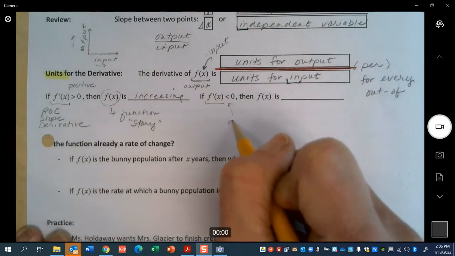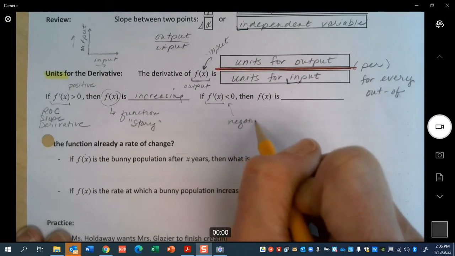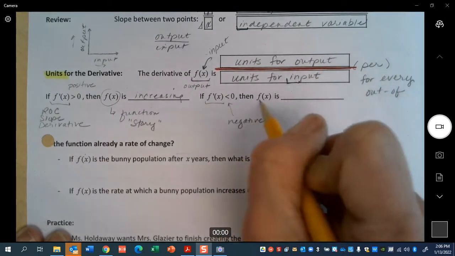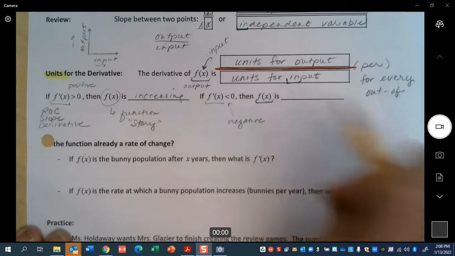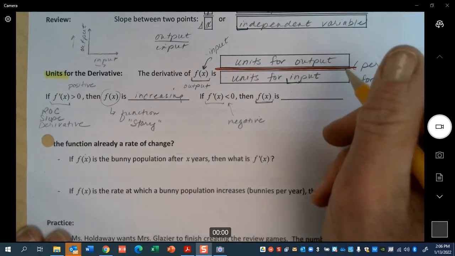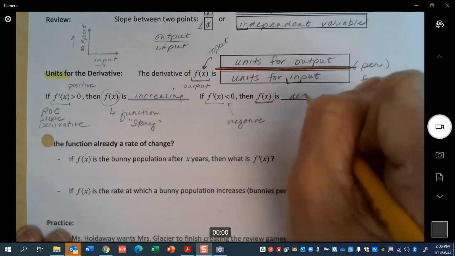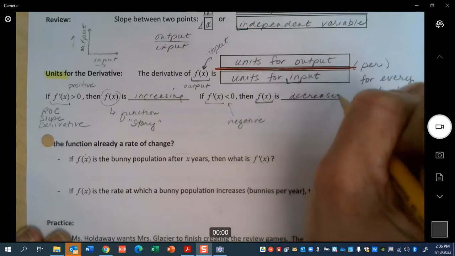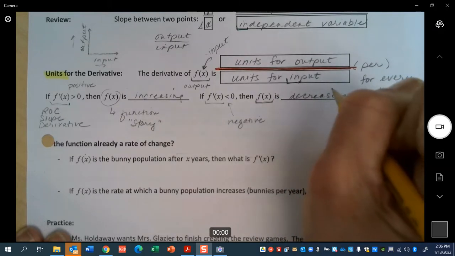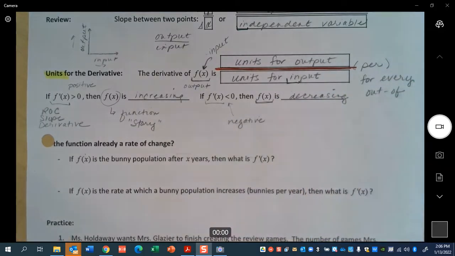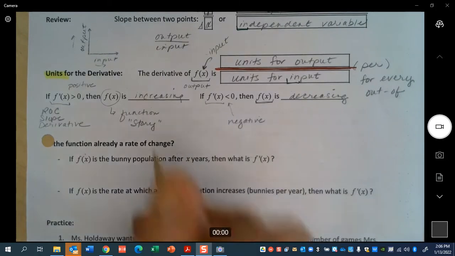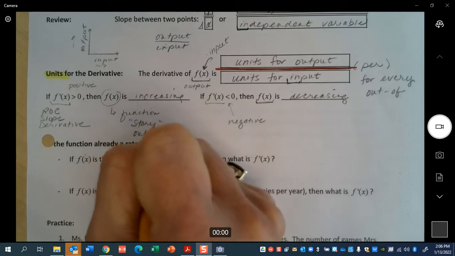Less than 0 is a negative value. Then your story, your function, your situation, your output is decreasing. You can put the word output here too.